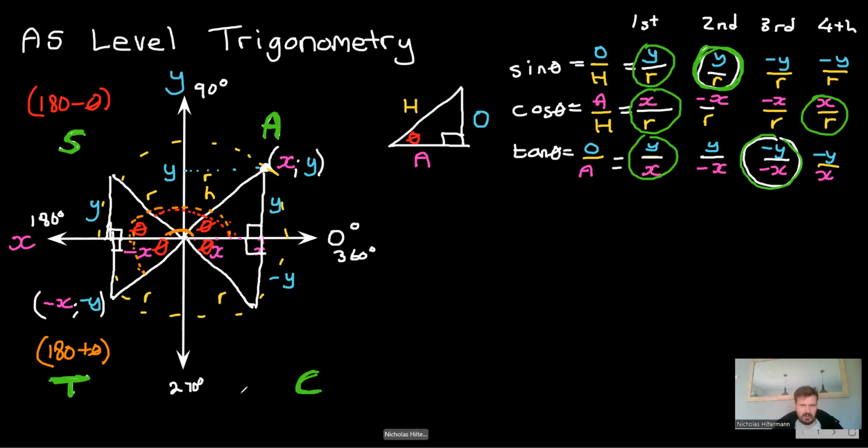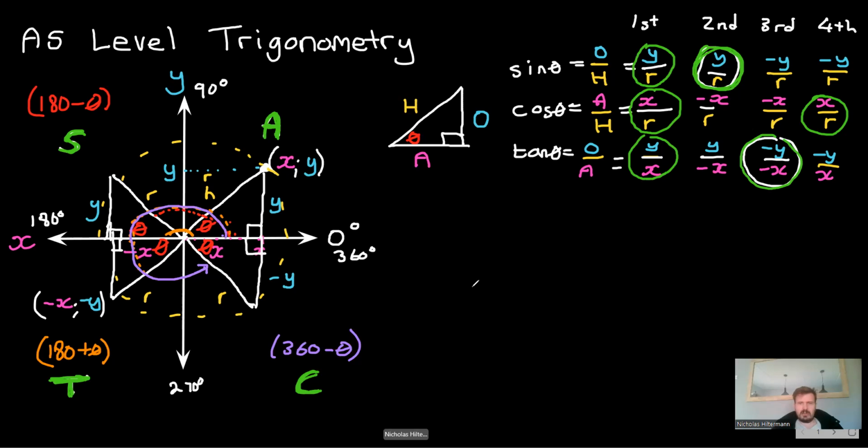And if I was to go all the way around, let's use purple. If I started at my 0 degrees and went all the way around to here, this would be 360 minus this theta angle. And so this is why this quadrant is called 360 minus theta.